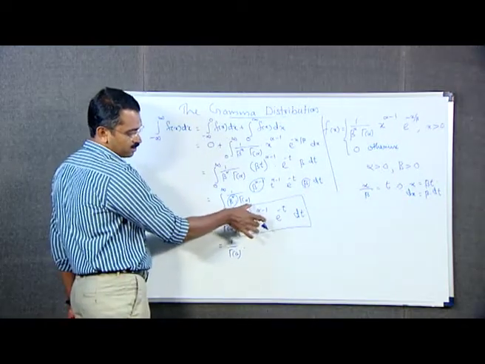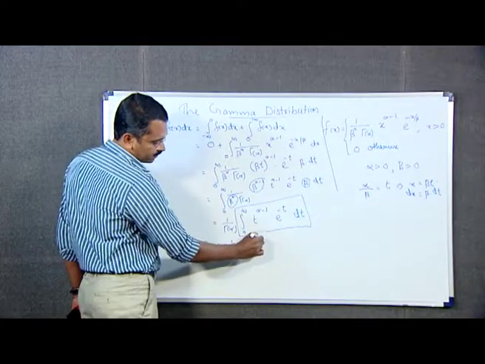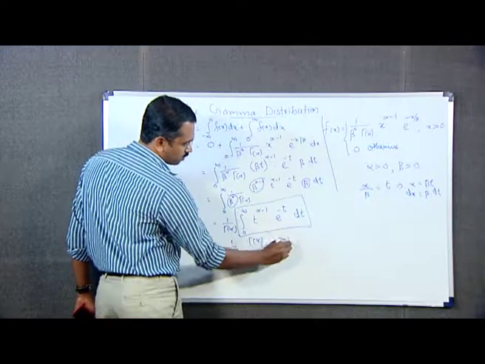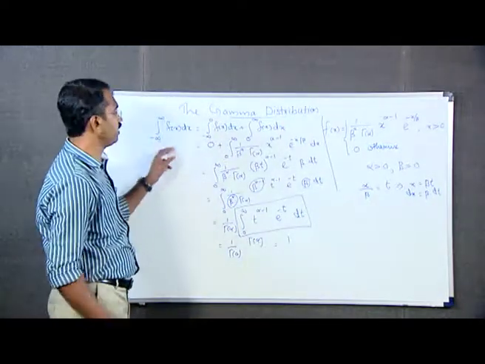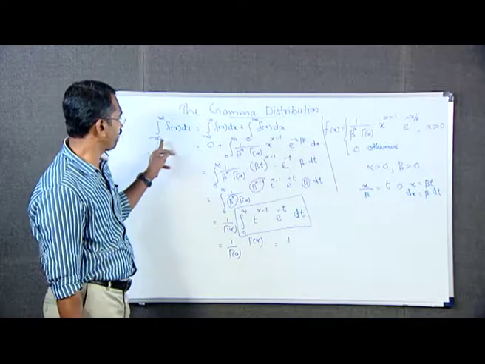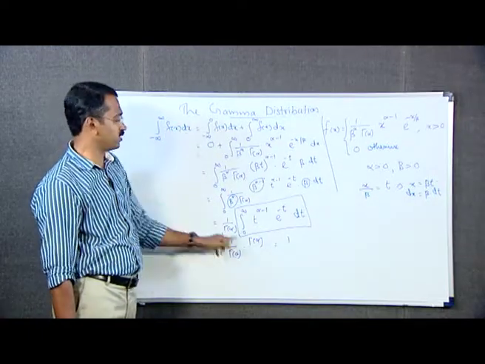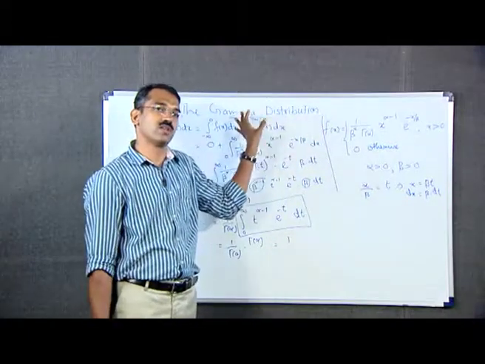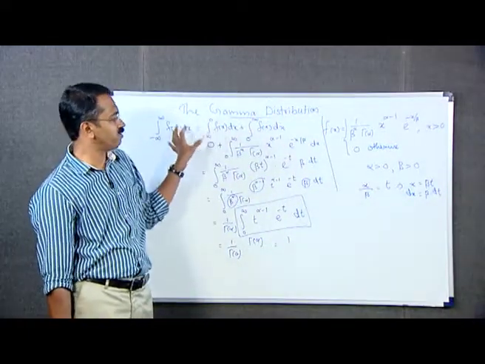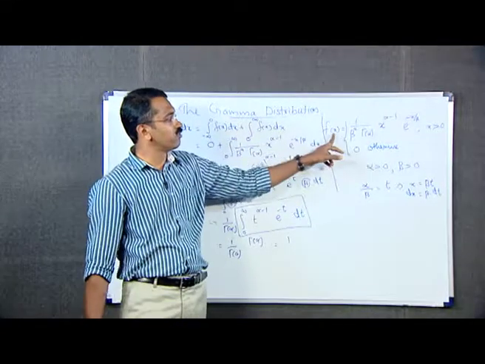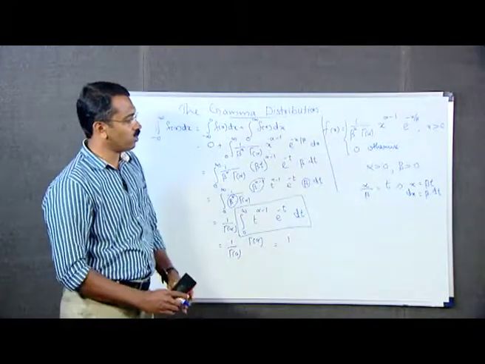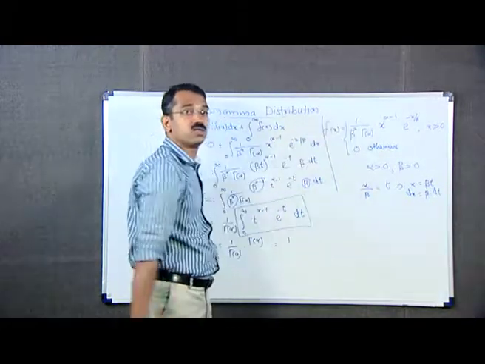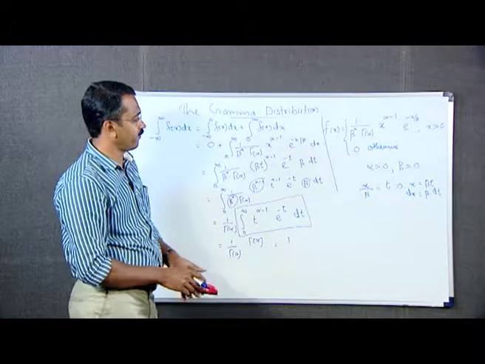Γ(α) divided by Γ(α) is 1. That means the total PDF, the integral from minus infinity to infinity of f(x) dx, is equal to 1. The second condition for a function f(x) to be a PDF is also satisfied for this function. Therefore, this function can define a PDF.